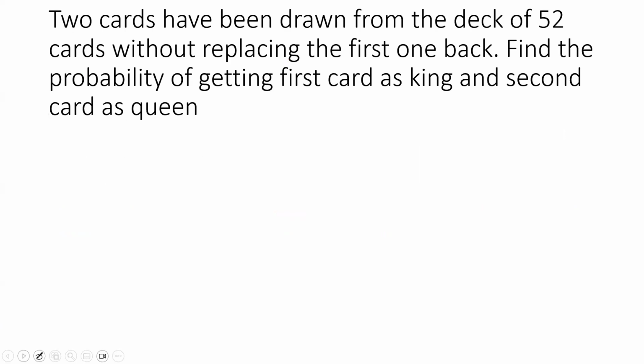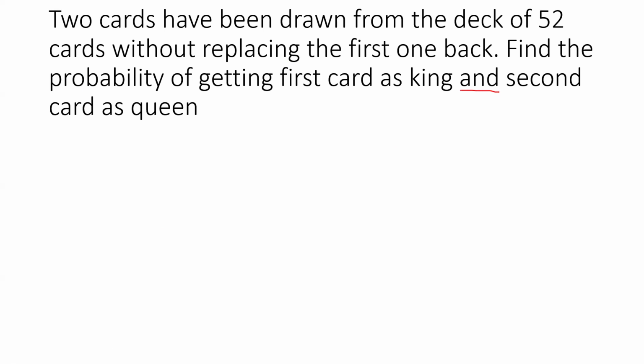Let's look at this question here. 2 cards have been drawn from a deck of 52 cards without replacing the first one back. Find the probability of getting the first card as a king and the second card as a queen.